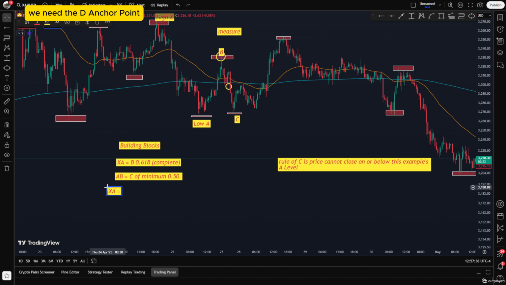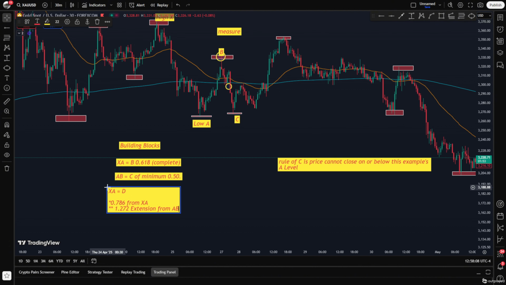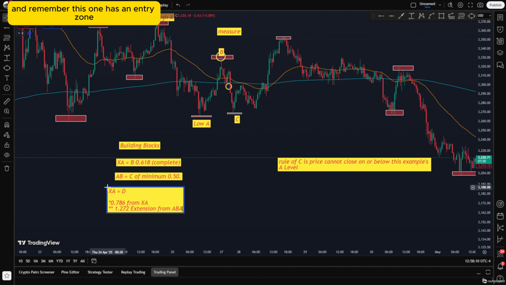We need the D anchor point, and it's the most important one. Your entry of the trade position rests on the D anchor point. To find the D anchor point, you must use the Fibonacci tool from our previously marked out X high and low points for the Gartley. And remember, this one has an entry zone.